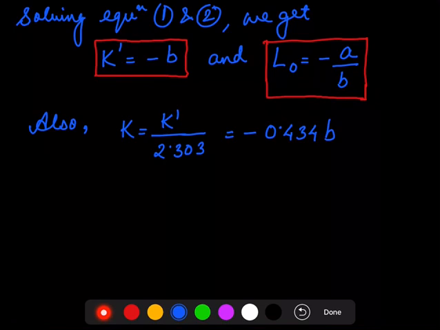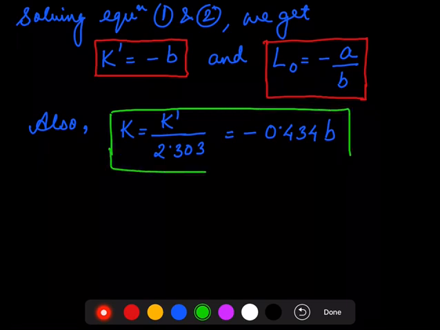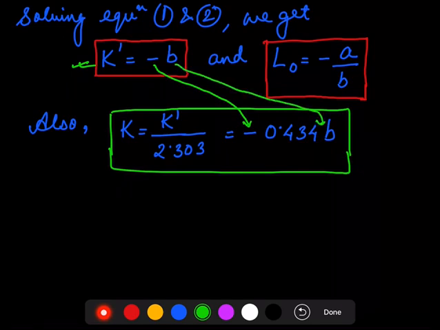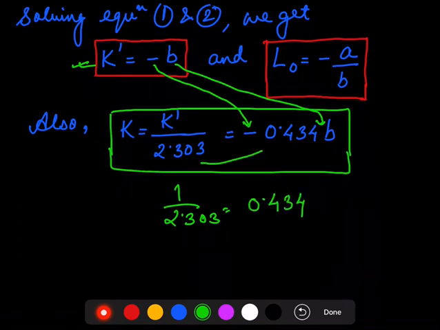I'm just substituting this value. K dash is minus b, so this negative is coming here, b is coming here, and 1 divided by 2.303 is 0.434. So this is how 0.434 is coming.